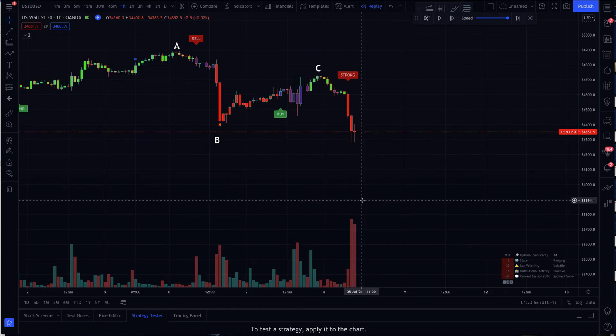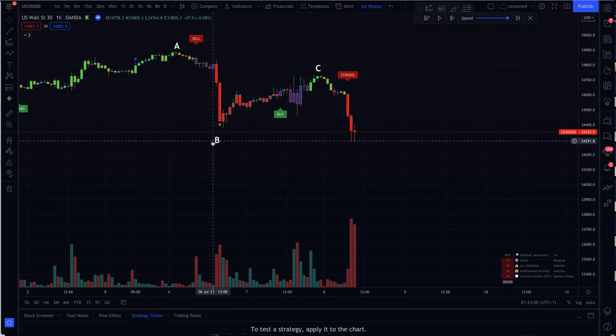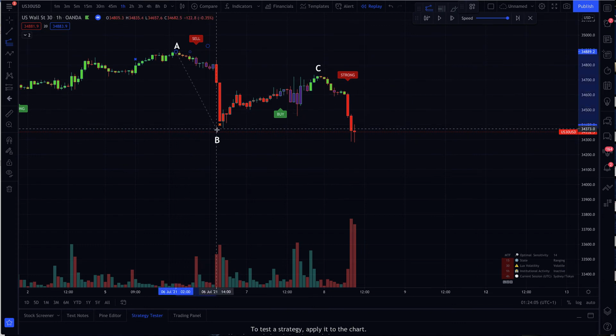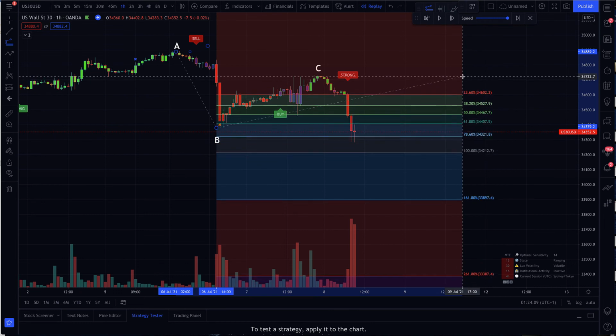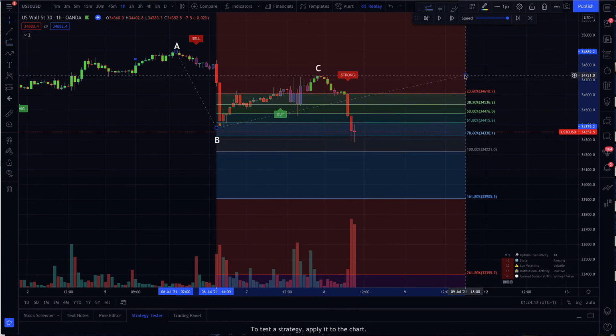Here is a very good example of a drop a couple of weeks ago. So we have our A, we have B, we have C. We're going to go from here until C, like this. So what's happening here? I can see the projection is happening because the Dow Jones is dropping more than B, and it's already dropped below this level, and I think we could have a reversal very soon.